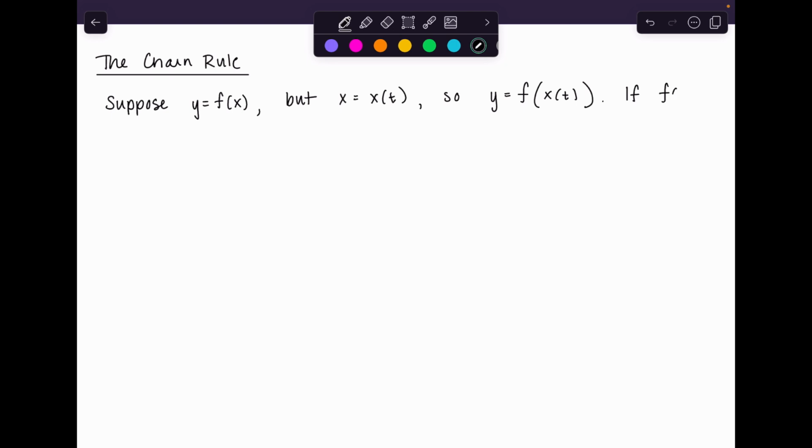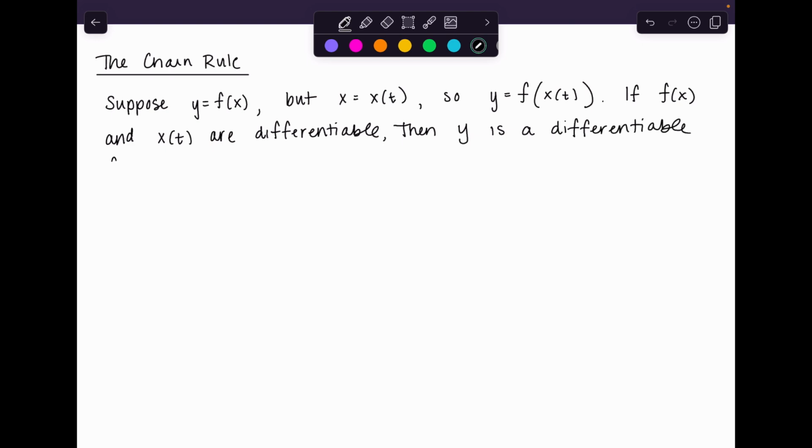So if both f of x and x of t are differentiable, then ultimately y is a differentiable function of t. Specifically with the following.